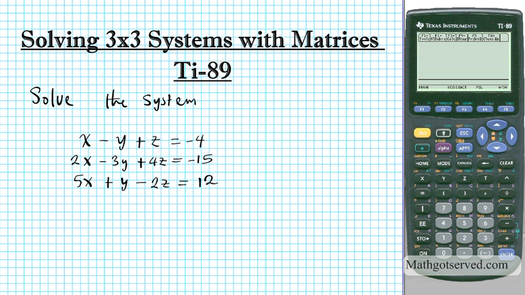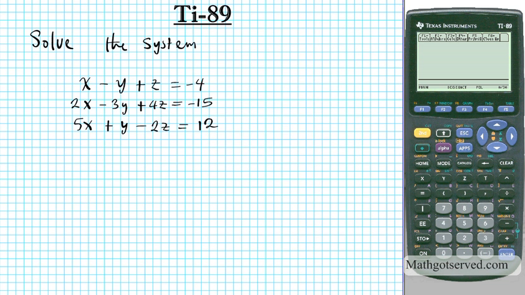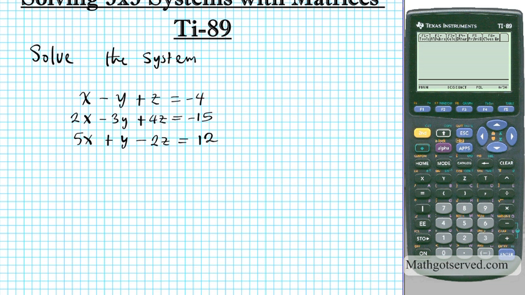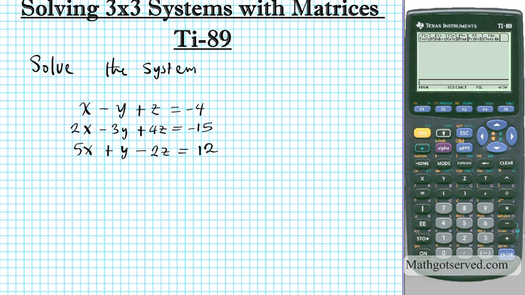Okay, so we have a 3x3 system. We're going to solve this using matrices, okay? There are other methods that can be used to solve this, but I just want to show you how to do this using the matrix operations in a calculator.